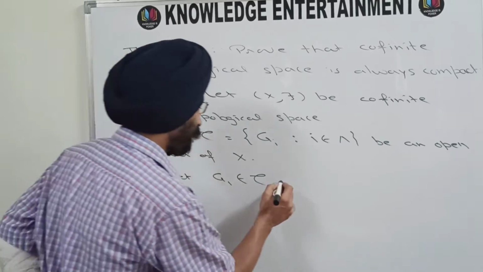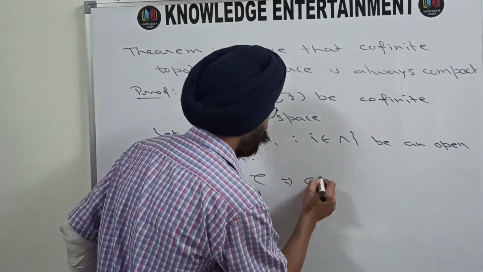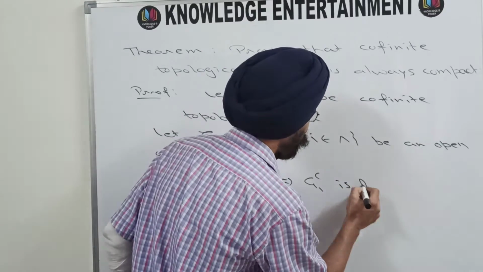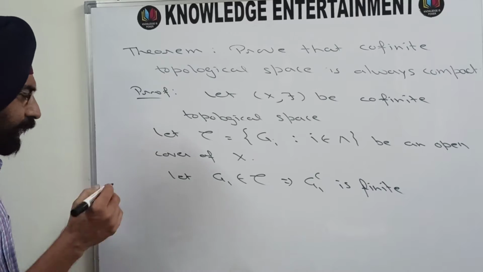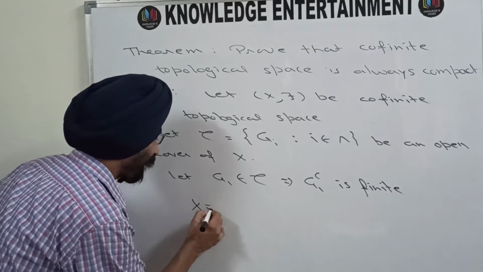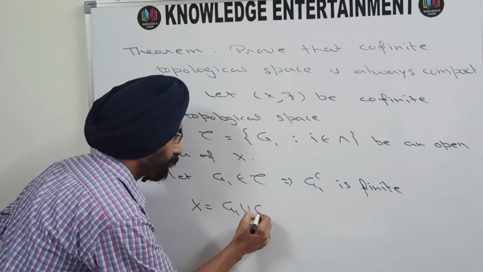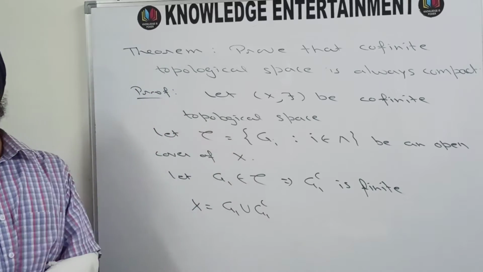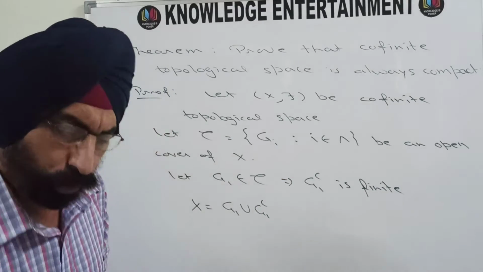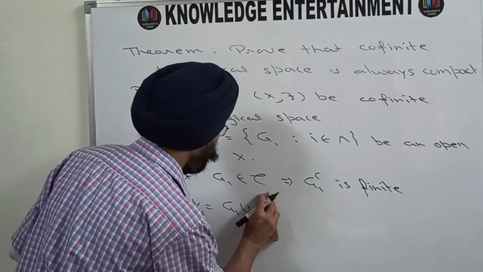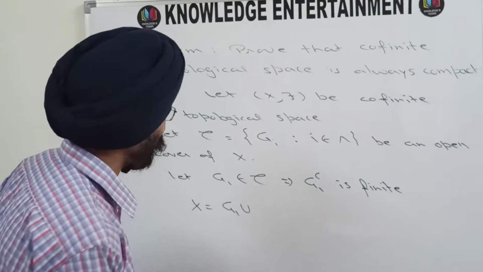So this means G1 complement is finite. Also, you can write your X as G1 union G1 complement. And G1 complement is finite. So you can write G1 complement as a finite set.